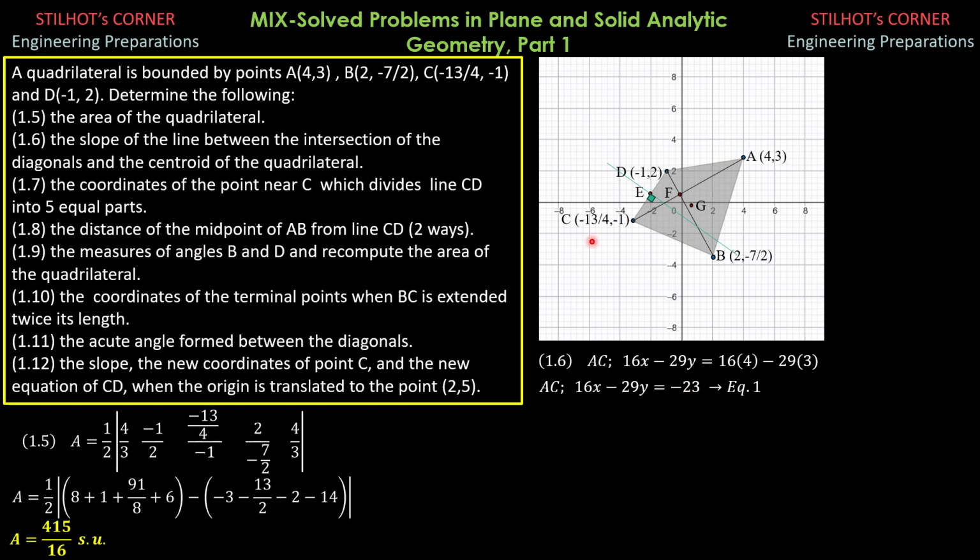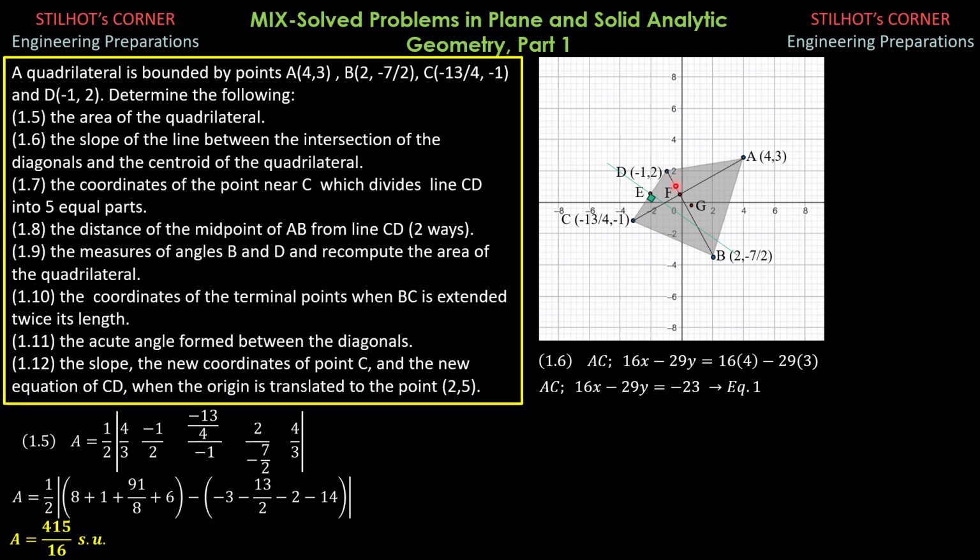So try 16 times negative 13 over 4, that's negative 52, minus 29 times negative 1, so plus 29. Negative 52 plus 29 equals negative 23, right? So it checks.